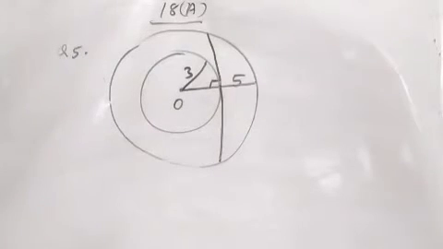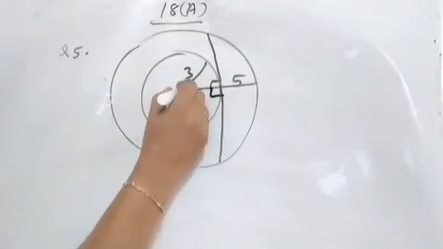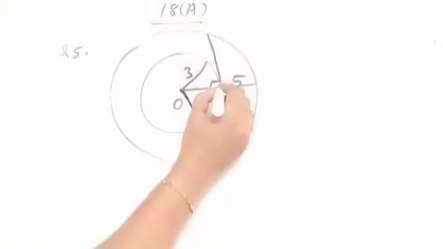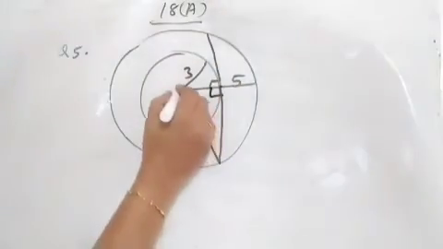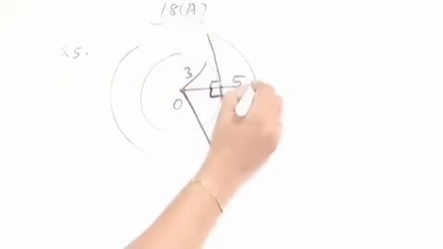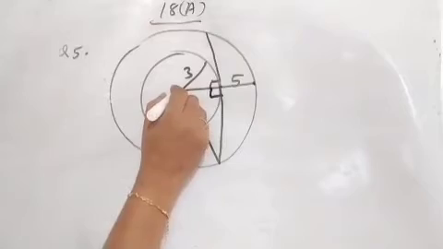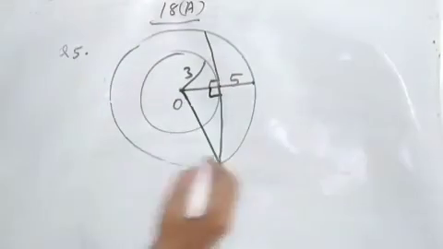Let us complete the right angle triangle. You know this angle is 90 degree, okay? And let us complete this. So, this is the chord of the larger circle and this is a radius. Okay, a line segment drawn from the center to the chord always bisects the chord.